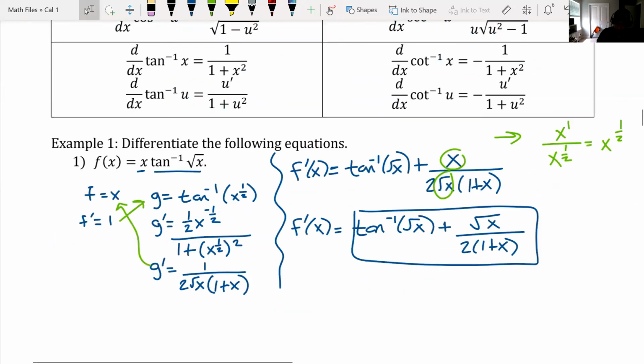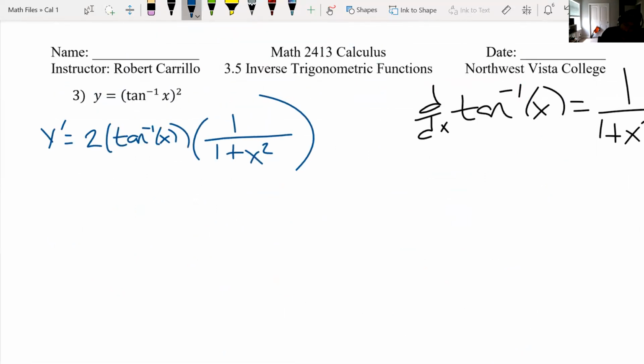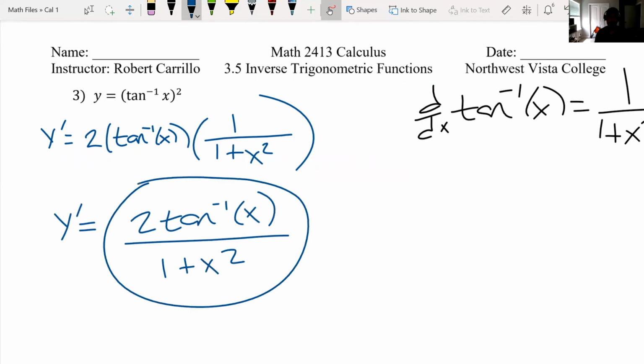Okay, clean it up, make it look pretty. The most we can do is make this y prime equals 2 inverse tangent of x over 1 plus x squared. That's it.